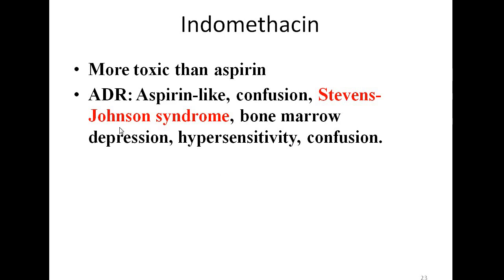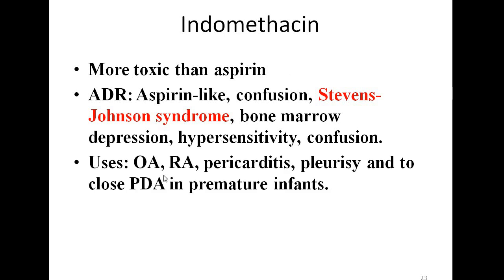Because of this adverse effect profile, the use of indomethacin is very restricted. Indomethacin is used in osteoarthritis, rheumatoid arthritis, pericarditis, pleurisy, and to close patent ductus arteriosus in premature infants. Indomethacin is also available as an eye ointment.